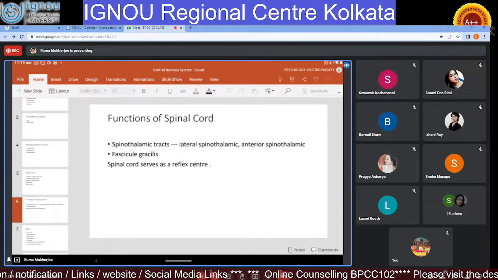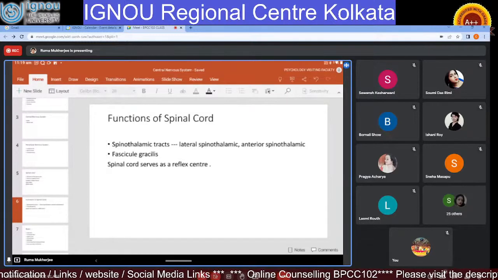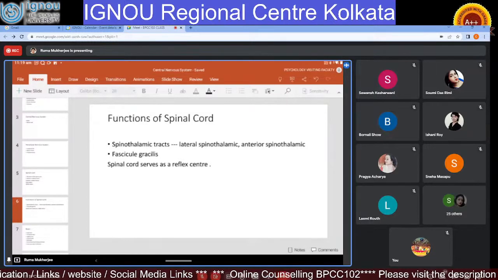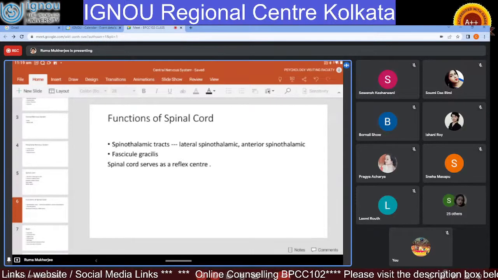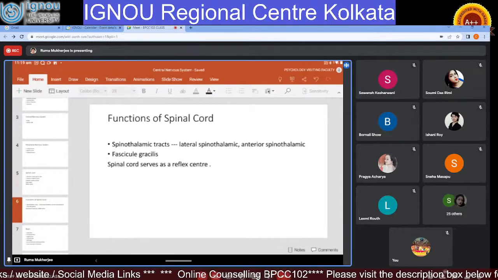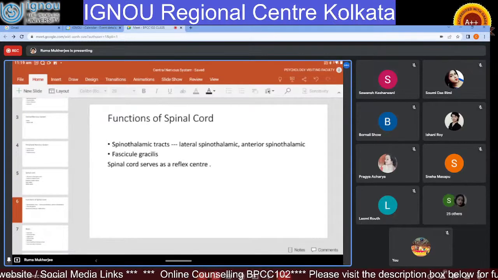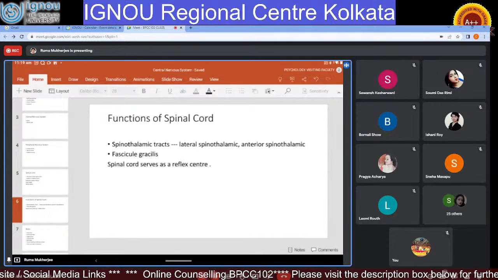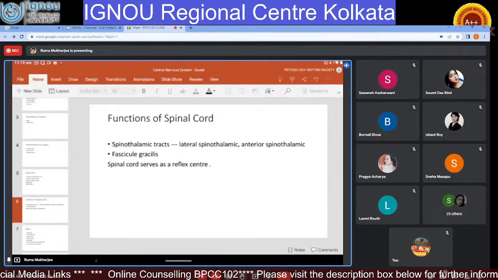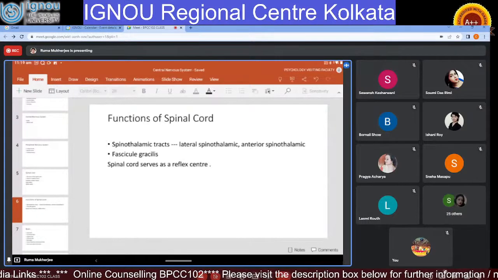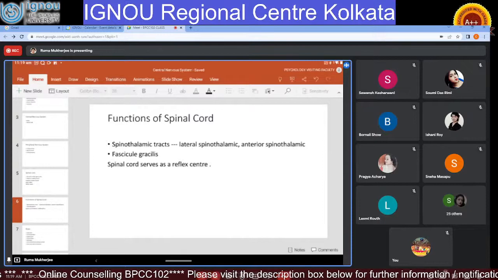So, these are some of the important functions of this particular tract. Now, this fasciculus gracilis is involved in only touch and conscious kinesthesia, and the anterior and posterior spinocerebellar tracts are involved in subconscious kinesthesia. Subconscious means there are three stages of consciousness: the conscious, subconscious, and the unconscious.